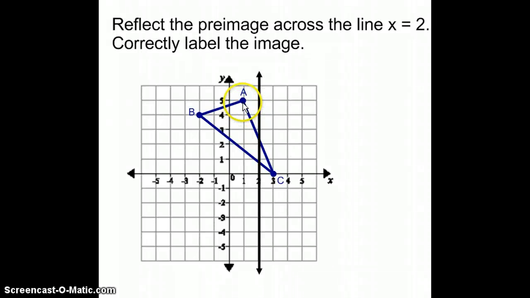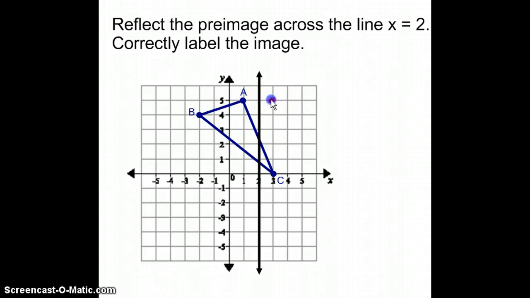We now see that A is to the left of our mirror line. If we count our spaces, going back to the idea that our image points will be the same distance away from the mirror line as our pre-image, we can see that our point is 1 unit to the left of our mirror line, so we need to go 1 unit to the right.